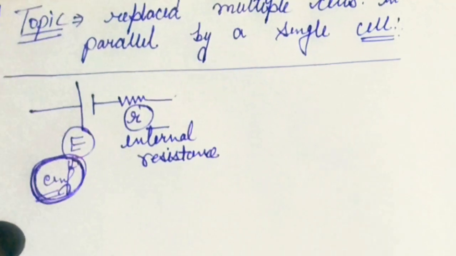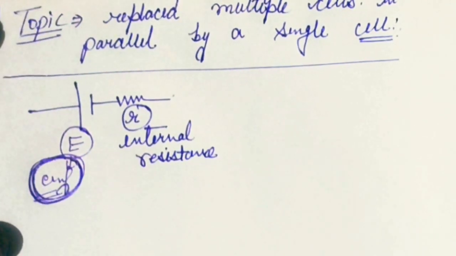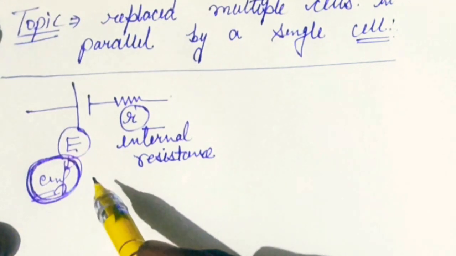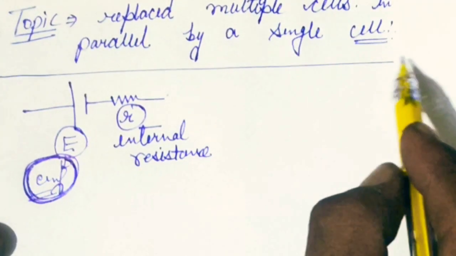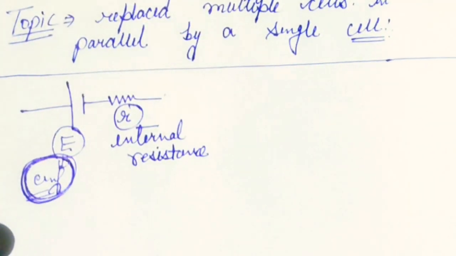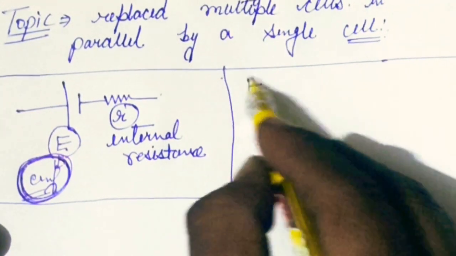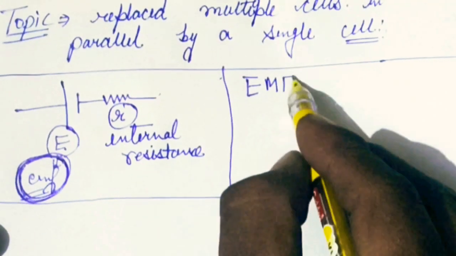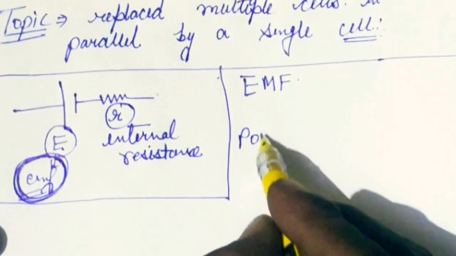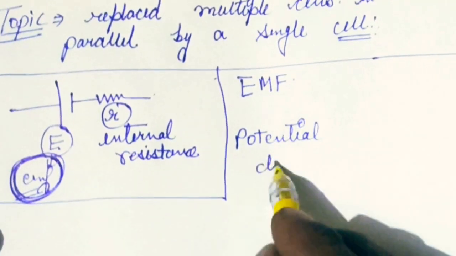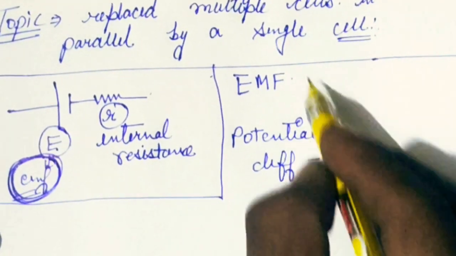Now, we have to use two formulas. The first formula is the relation between EMF and potential difference. So, we have to know the difference for solving this topic. So what is the difference between EMF and potential difference? I have already discussed it, so I will discuss it in just a single line.